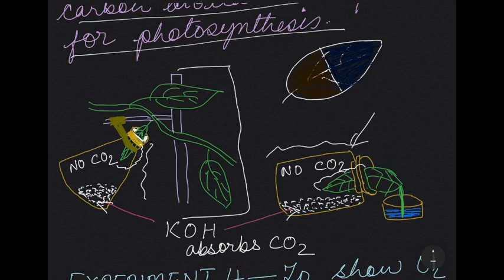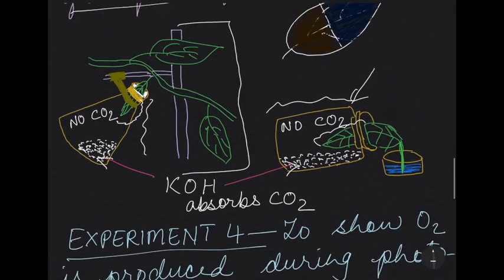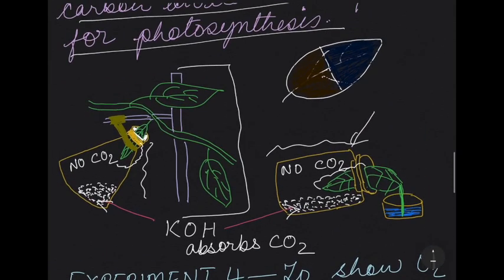So now what do we do? We take this experimental setup and put it in the sunlight for a few hours. So after a few hours, you perform the iodine test on the leaf that is inserted inside the bottle or the flask.